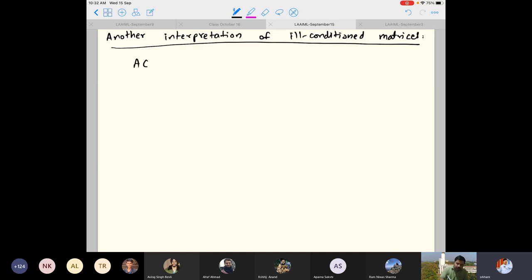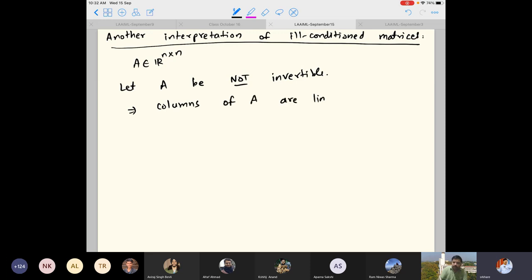Let A be a matrix which is in R^(n×n), and let A be not invertible. So what I'm saying, A is not invertible. That means that columns of A are linearly dependent, correct?